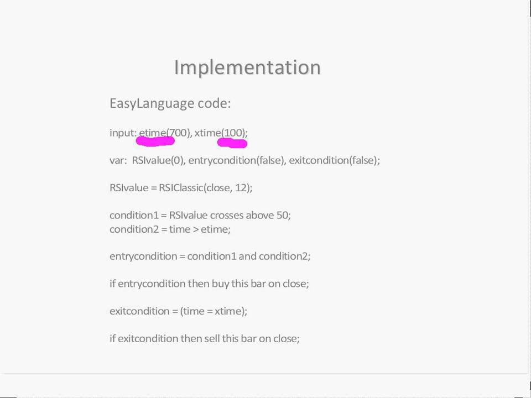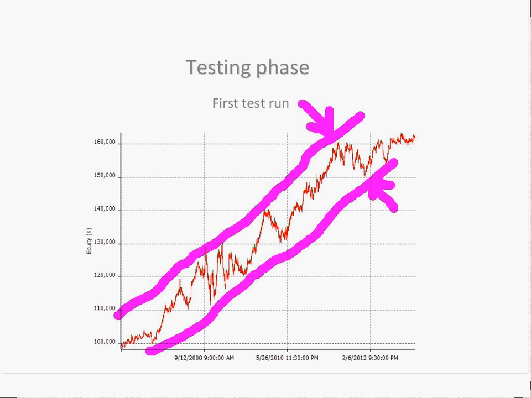We have the condition that the RSI value crosses above 50 and the time is greater than the entry time. That means it's now working hours. So in working hours, RSI crosses above 50 and we exit next day at 1 o'clock. We have this for such a primitive strategy.